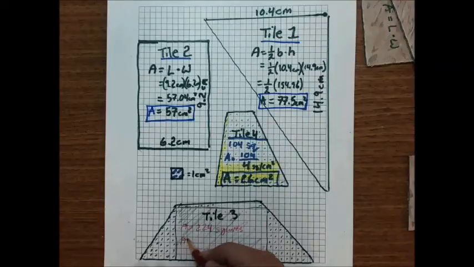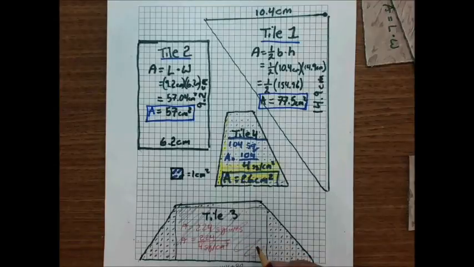So area is equal to 224 divided by 4 squares per centimeter squared. So area is equal to 56 centimeters squared.